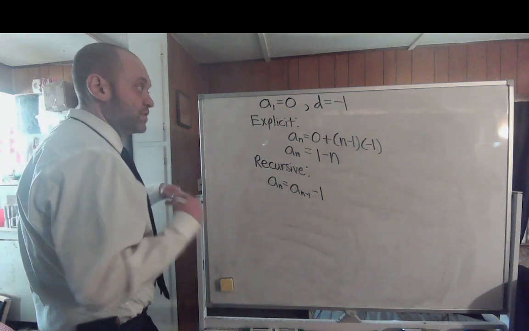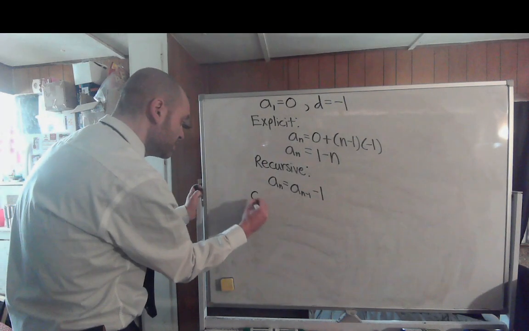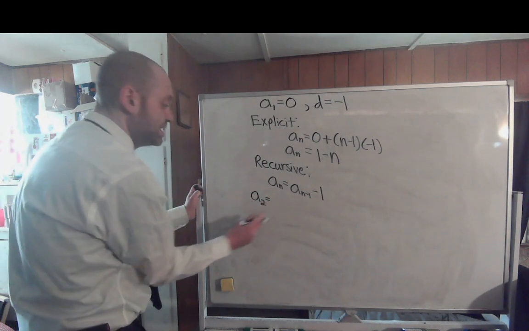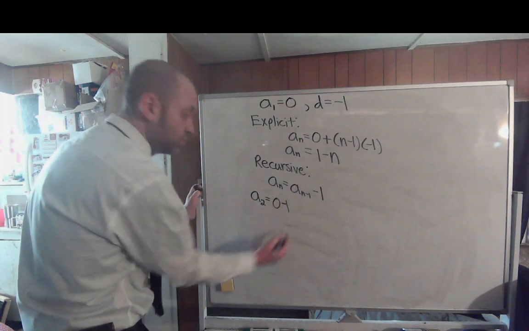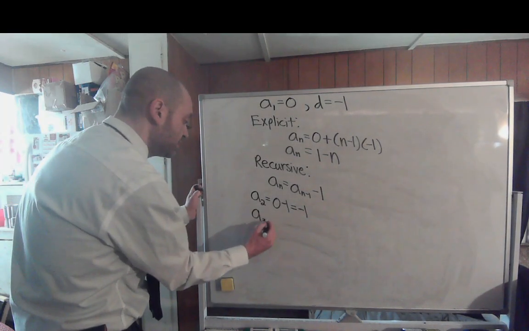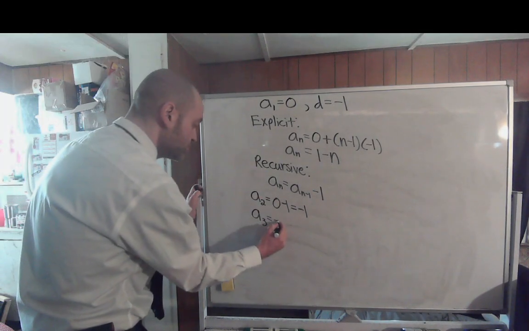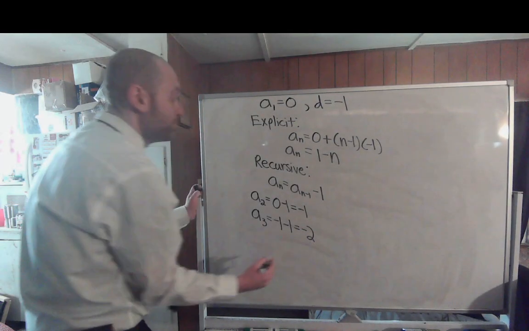Now let's find the first 5 terms of the sequence. So we already know the first one, 0. The second term, a sub 2, would equal a sub 1, which is 0, minus 1, which would give you negative 1. Let's find a sub 3. That'll equal a sub 2, which is negative 1, minus 1, which would give you negative 2.